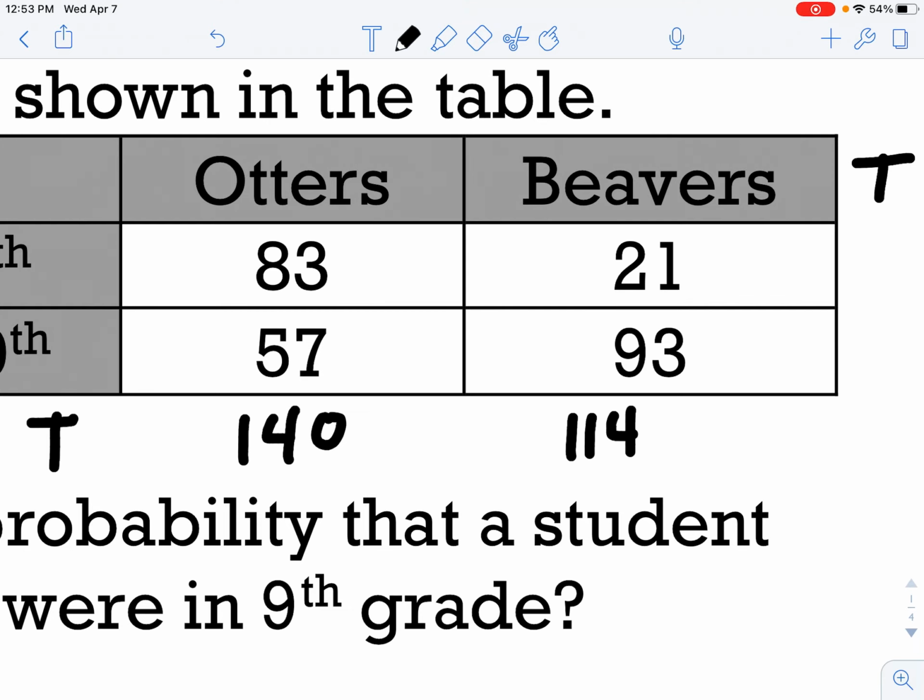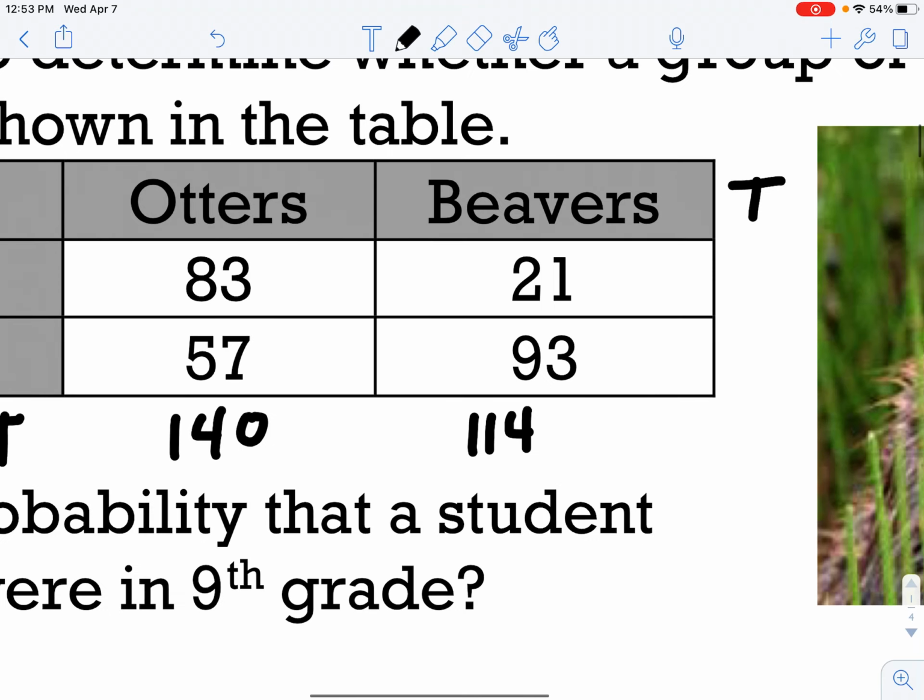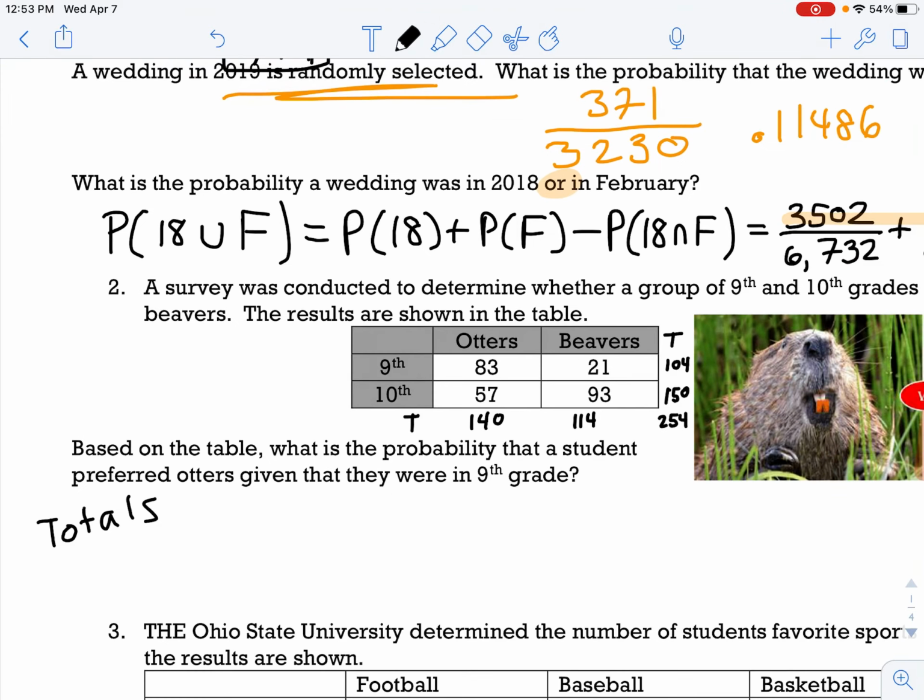It's not necessarily going to give you the totals, and it can kind of maybe trick you. I don't know if they're intentionally trying to trick you or it was unintentional, but nonetheless. So I'm just filling in the table. All right, so there's all the totals.